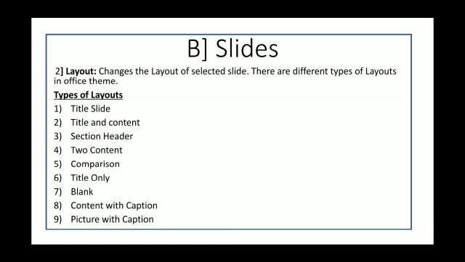Then third, section header, and two content. Next, comparison, title only, blank, content with caption, picture with caption. These are the different layouts displayed in the office theme. Whichever layout you require, you can choose from this office theme window.